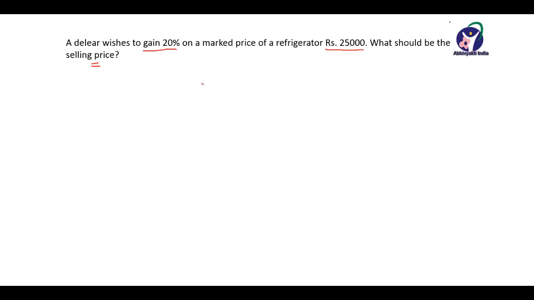Now here we do 20% of 25,000, and so that will be equal to rupees 5,000, and then we add it to rupees 25,000, so we get the selling price as 25,000 plus 5,000, that is equal to 30,000.